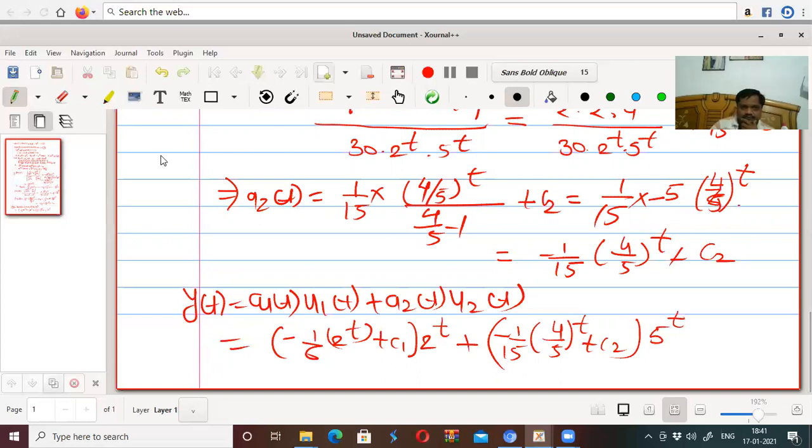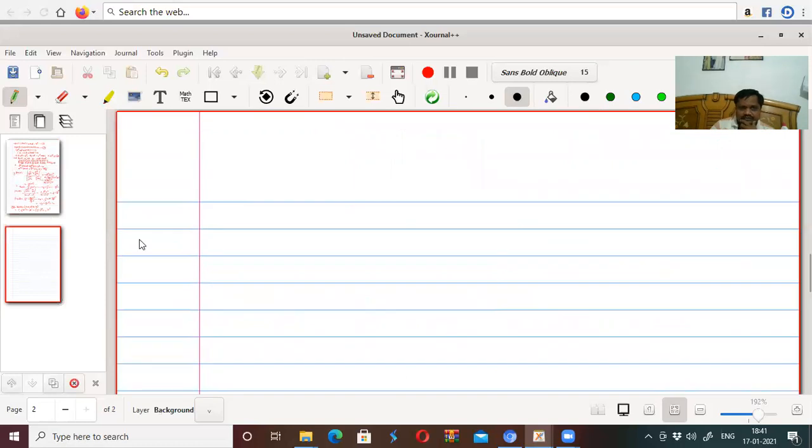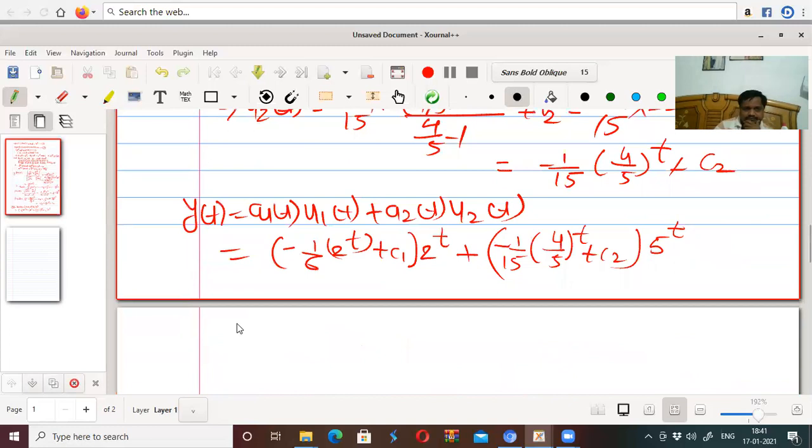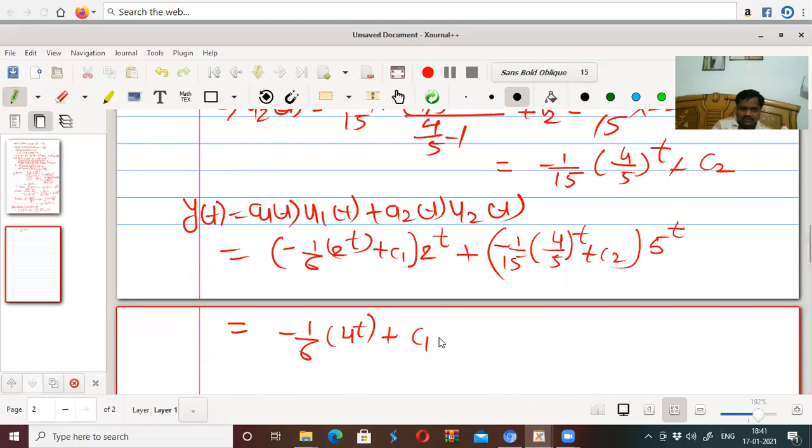So now what we'll get? This gives us minus 1 upon 6 into 4 to the power t plus C1 2 to the power t, minus 1 upon 15.